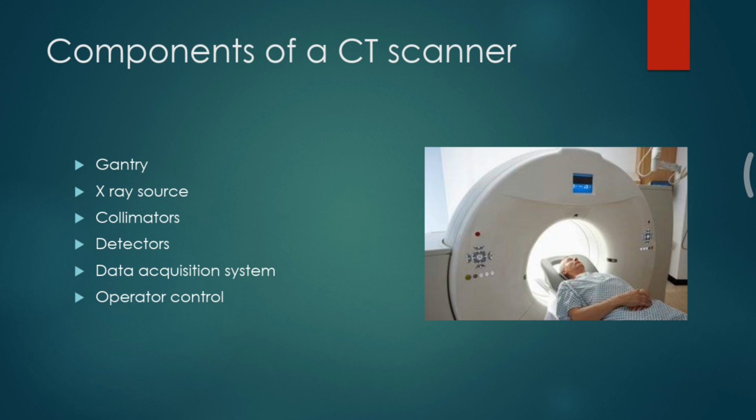Then on the other side, when the X-ray passes through the human body and goes to the other side, you have the detectors, and these detectors convey the information to data acquisition systems, and the operator can control the movement of the patient, as well as the image features, through a separate panel. It's called an operator control panel.